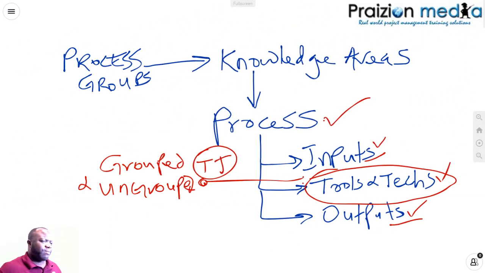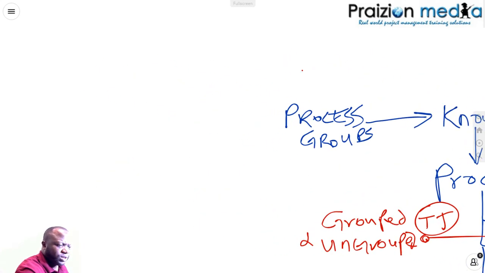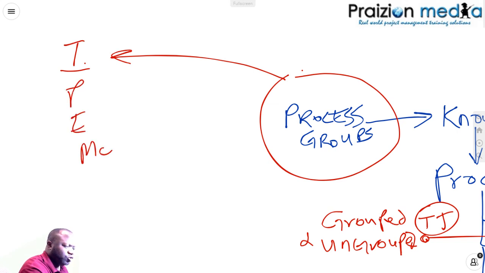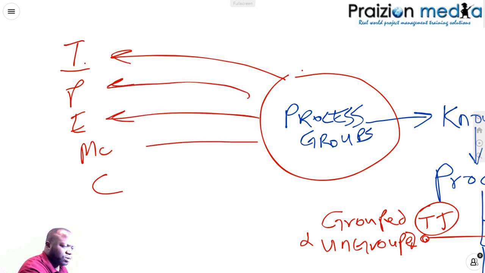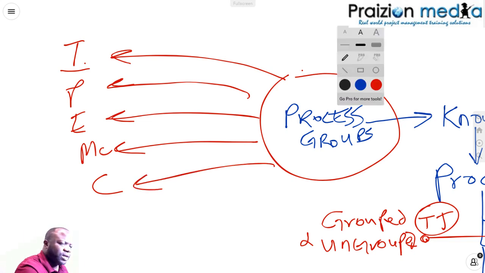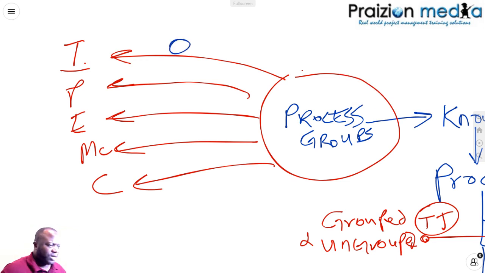If we're really going to examine this under the microscope, we could take these process groups and say, okay, initiating, planning, executing, monitoring and controlling, and closing. These are your process groups. But what have the changes been? So let me put this in blue. The changes are 0 for initiating, that stayed the same. There were 2 in initiating and there's still 2.